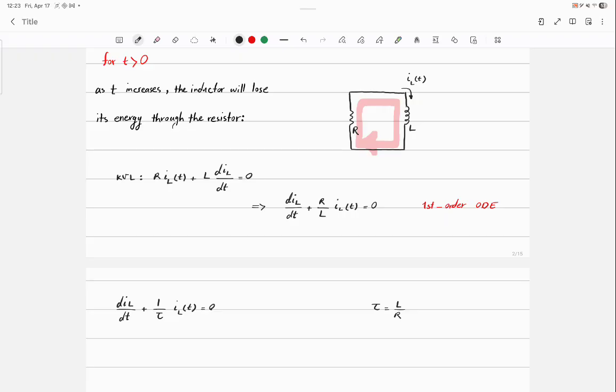Now, this is your equation. Let me explain it. The first derivative of a function that we don't know plus some coefficient of the original function is equal to 0. So it means that if you take the derivative of the function, it only adds a coefficient to it.